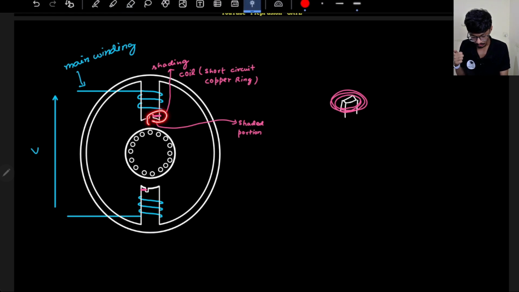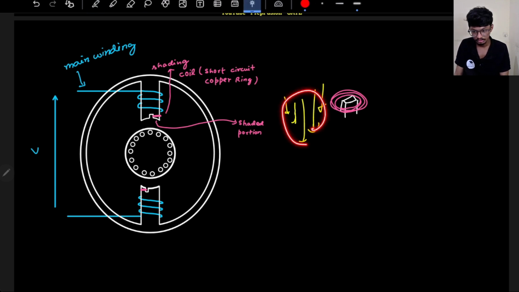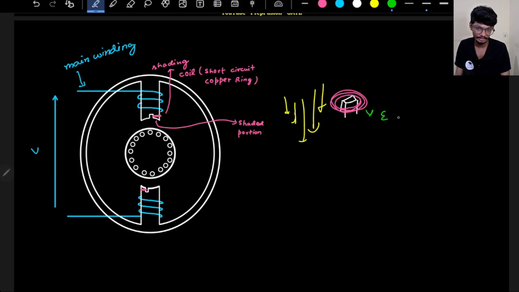So this shaded coil, right? What is happening is slowly the flux here is increasing, then it is reducing. So due to this flux, according to Lenz's law, an EMF will be induced, that is ESC, and that ESC will produce a flux phi SC such that it opposes the change.